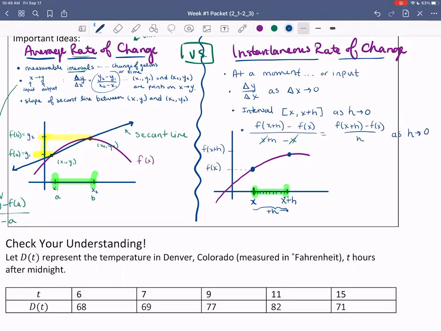So graphically, what does this look like? Well, we start with our slopes of secant lines, where these secant lines approach this one point. And then that final line that we get as we move closer and closer to our x that we're concerned about is called the tangent line.